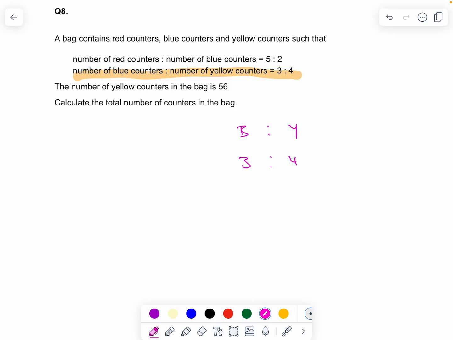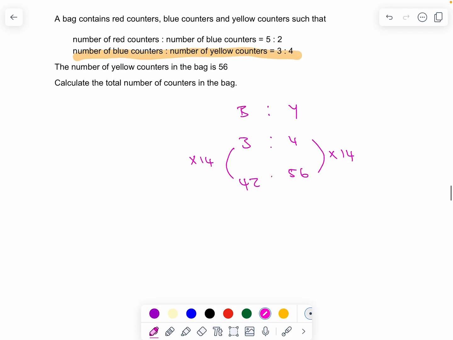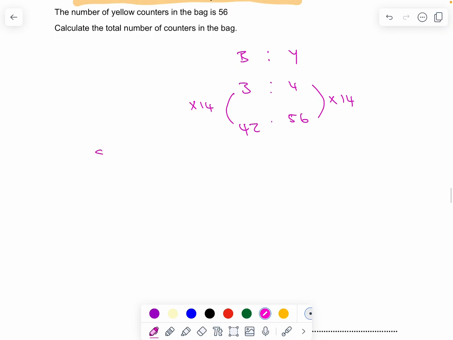I'm told that there are 56 yellow counters. So I do 56 divided by 4, which gives me 14. So I must have multiplied by 14. So I'll do the same to the blue counters, 3 times 14, which means that I have 42 blue counters. So I'll just write this down: 56 yellow, and I've now worked out that I've got 42 blue.